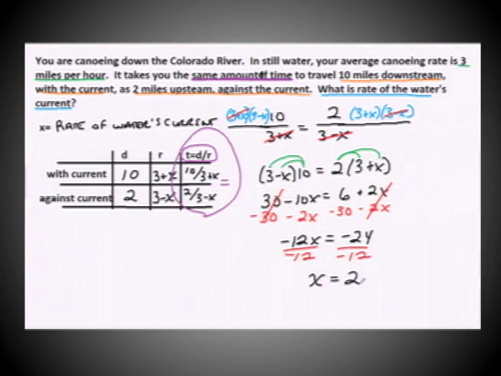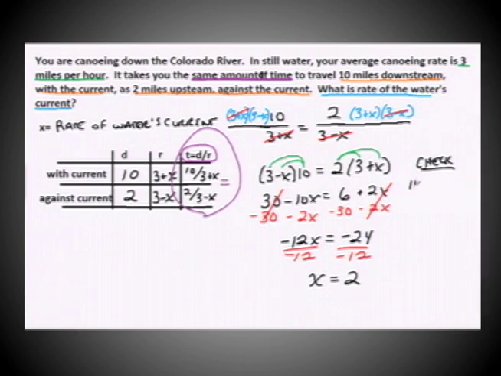Now with any word problem, you always want to look back up and see if you're answering the question here. So x is standing for the rate of the water's current. We'll check this solution before we make our final declaration of what this solution is.